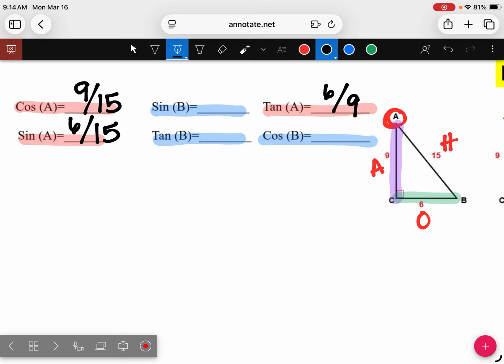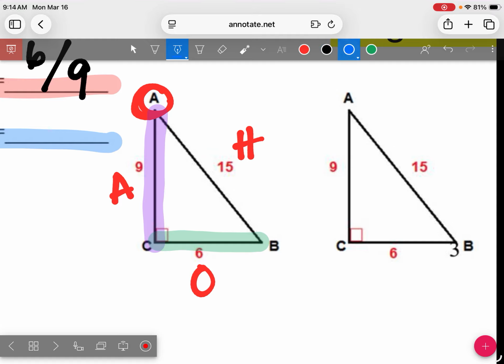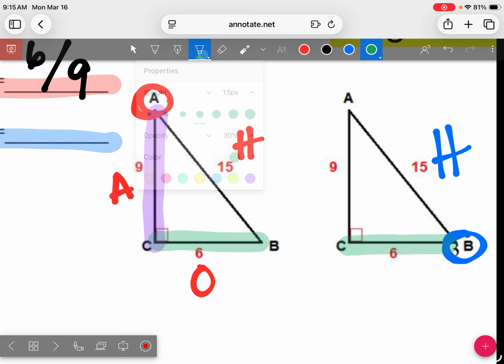So I'm going to do it again, but this time I'm going to focus on angle B. This will always be your hypotenuse. It doesn't matter. 15 is the hypotenuse, but now I'm going down to this angle. I'm going to use the same colors. The difference is now, if you think of this as a road, if I'm driving on this street, do you see how this street runs into angle B?